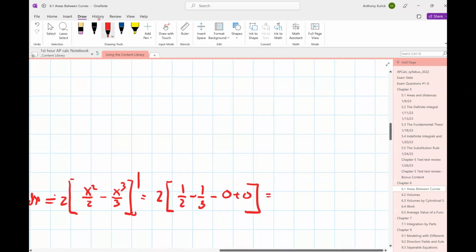Let's see, 1/2, that's 3/6 minus 2/6, so that's 1/6 times 2 is 1/3, I think. So 3/6 minus 2/6 is 1/6, then times 2 is the 1/3.